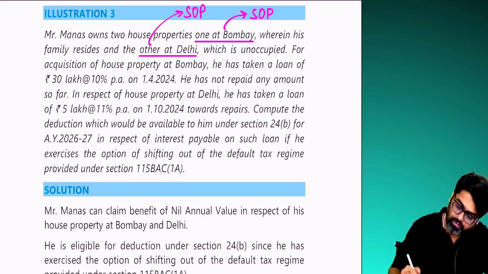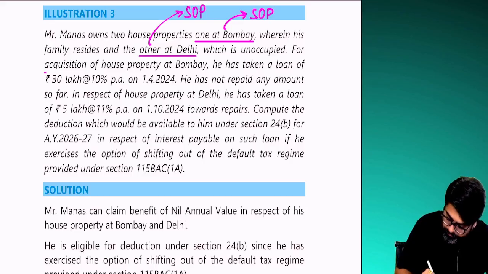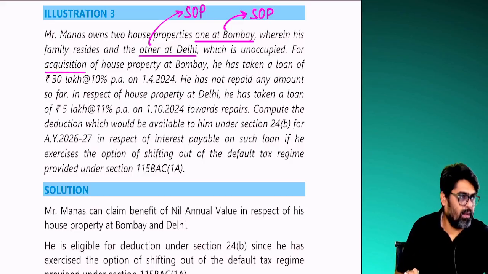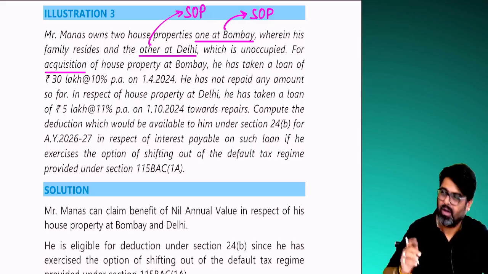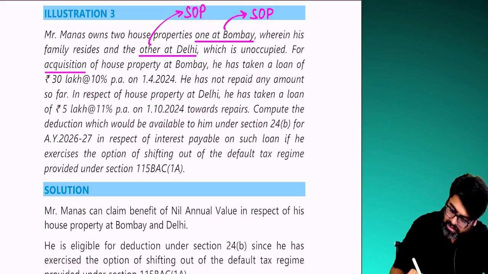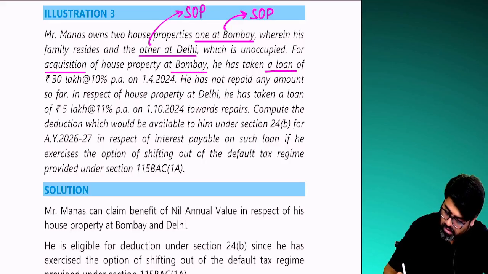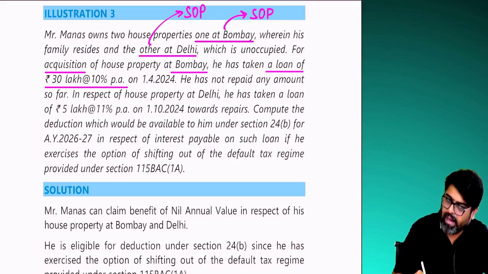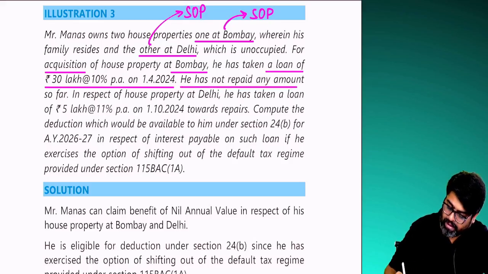Two SOPs. For acquisition of the house property at Bombay, for repair, renewal, construction or purchase. Purchase of Bombay house property. Yes or no? He has taken a loan, and he has not repaid any amount so far.